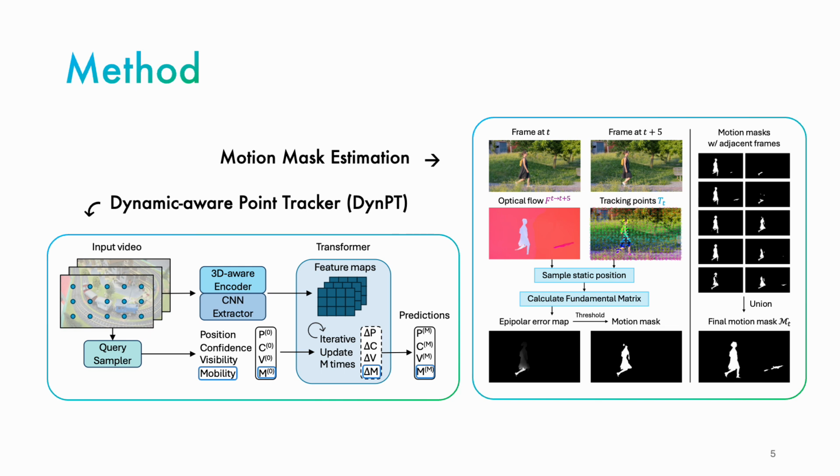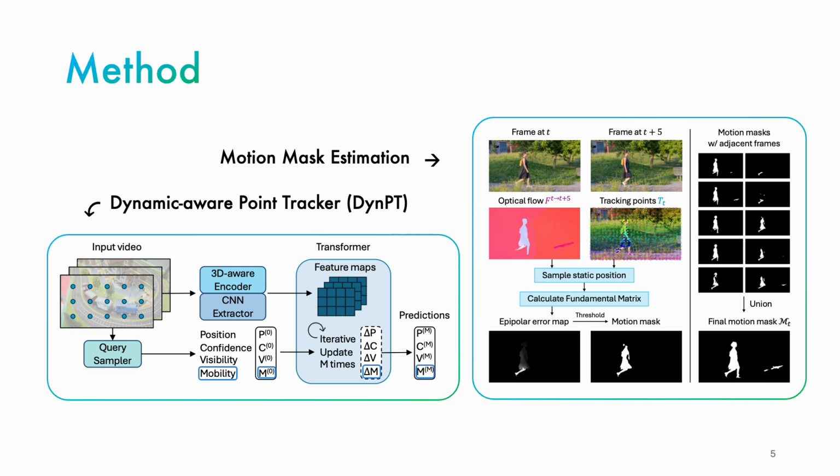On the left is the architecture of our dynamic-aware point tracker, DIN-PT. A key distinction from existing trackers is that DIN-PT additionally predicts a mobility attribute for each point. This capability is critical for disambiguating object motion from camera-induced motion in the world coordinate frame. The process for motion mask estimation is depicted on the right.